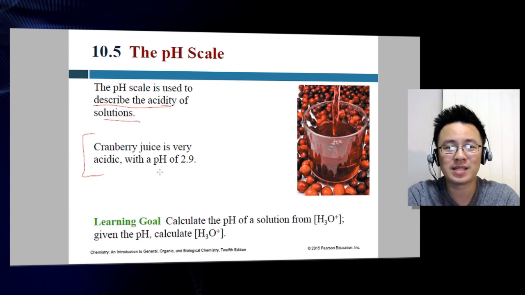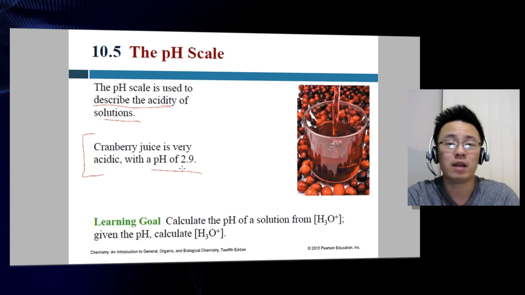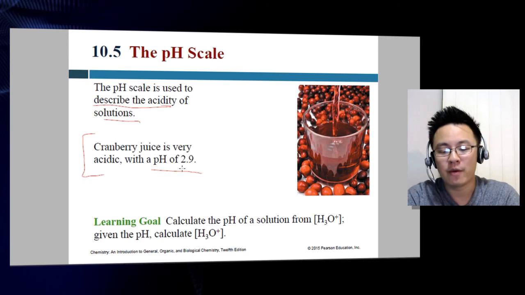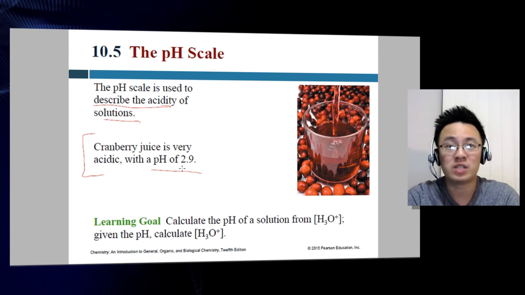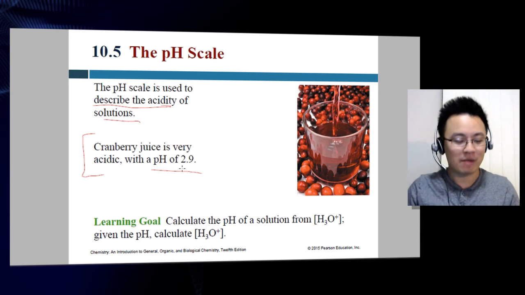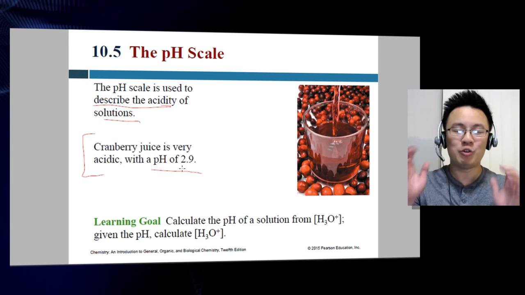Cranberry juice is very acidic at a pH of 2.9. I love cranberry juice, by the way. At the hospital, a lot of the patients I've encountered who have just given birth to their young infant absolutely love to drink what we call the splitzer. A lot of mothers have been asking me how in the world you make this.